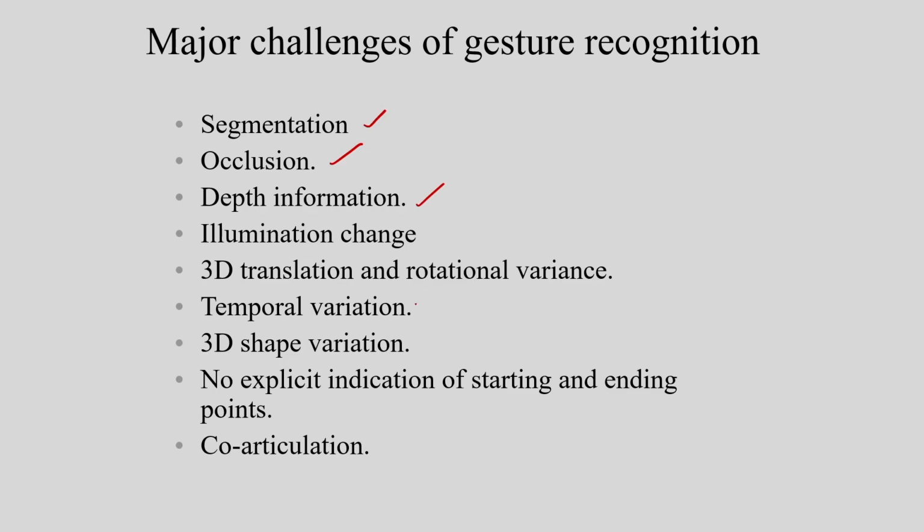Another problem is the spatio-temporal variation. If a particular gesture is performed by different persons or different users, there will be spatio-temporal variations. Even if the same gesture is performed by the same user, there will be spatio-temporal variation. So these spatio-temporal variations we have to consider.